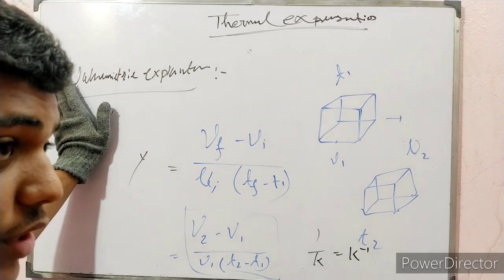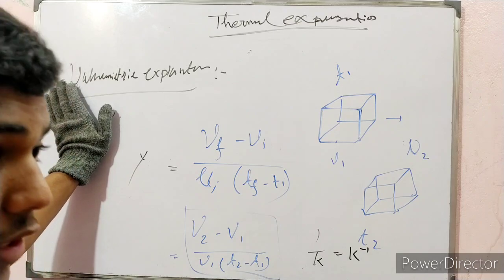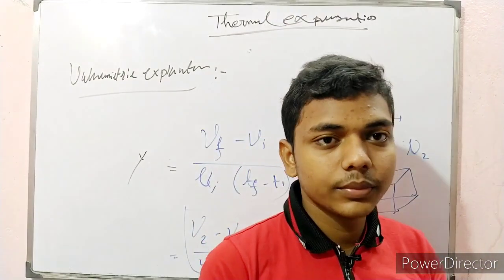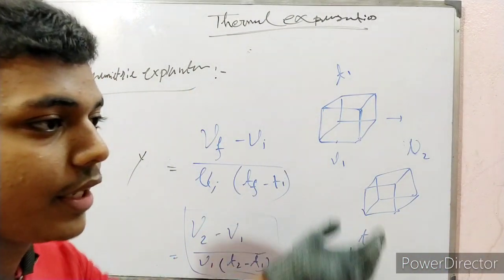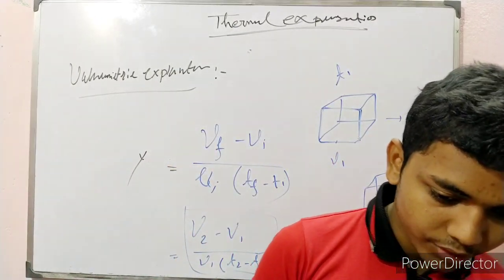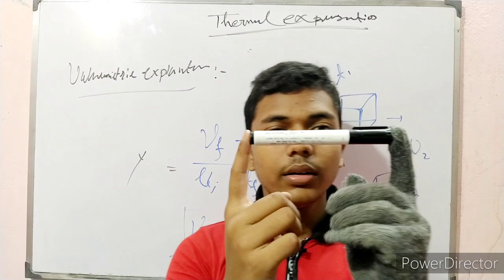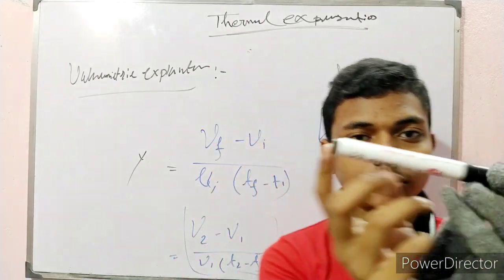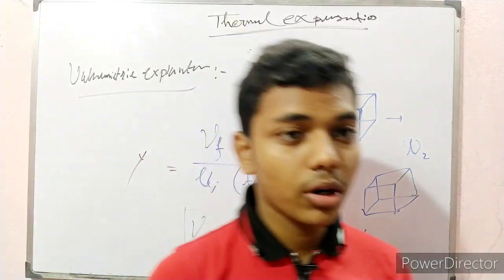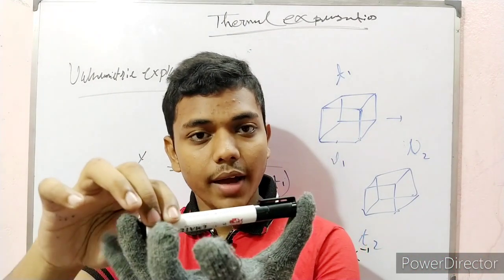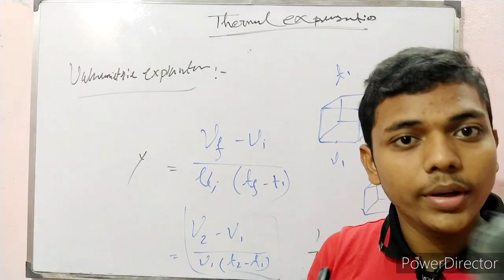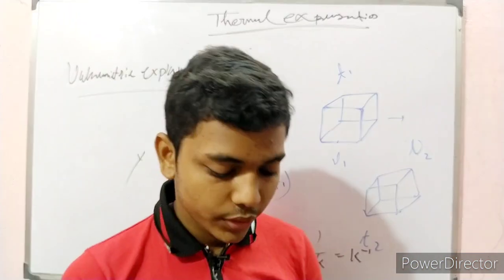There are three types of thermal expansion. The first is linear expansion, the second is surface expansion, and the third is volumetric expansion. How can you tell which is which?